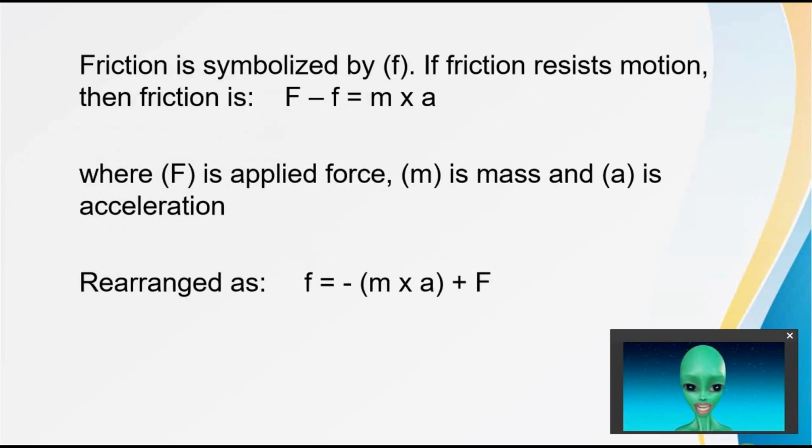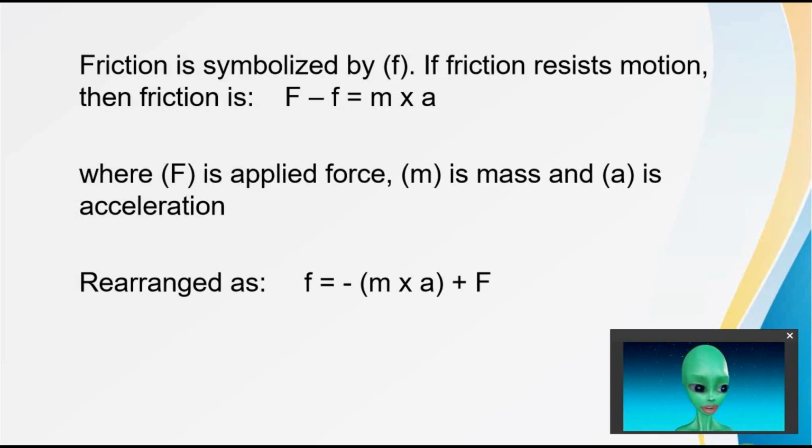Friction is symbolized by a small letter f. Remember, friction is small letter f. If it's capital F, it's force. If friction resists motion, then F minus f is equal to m times a, where F is the applied force, m is mass, and a is acceleration.